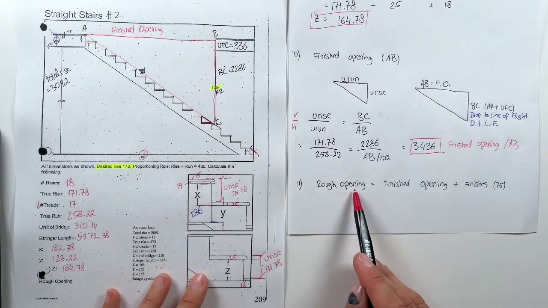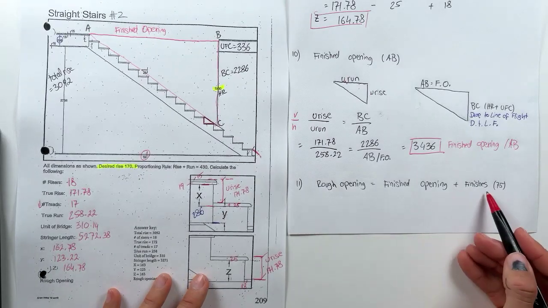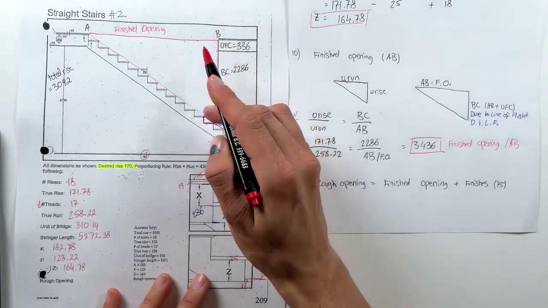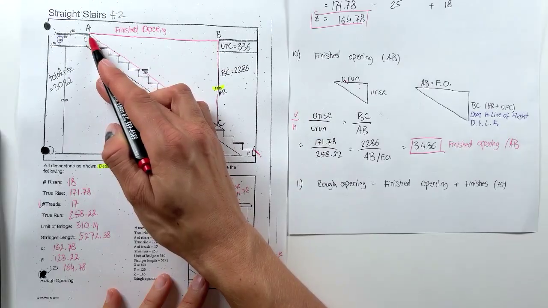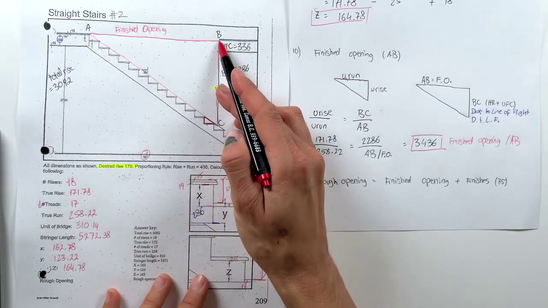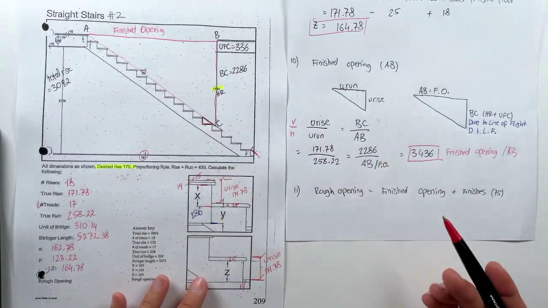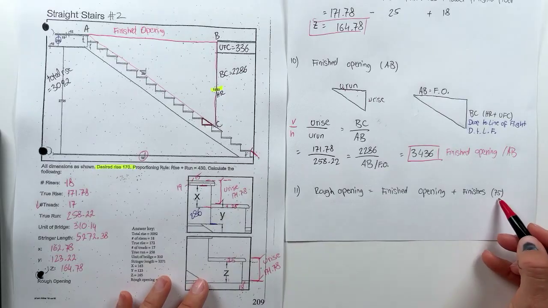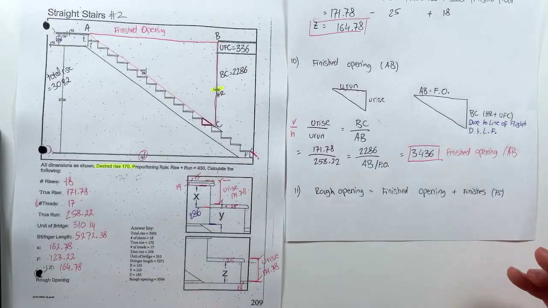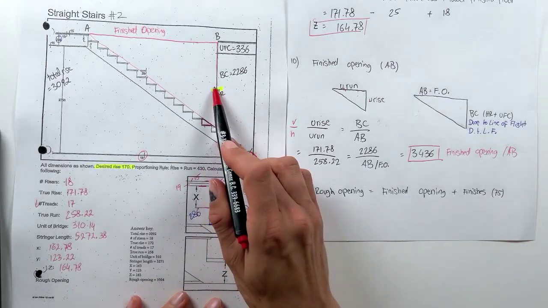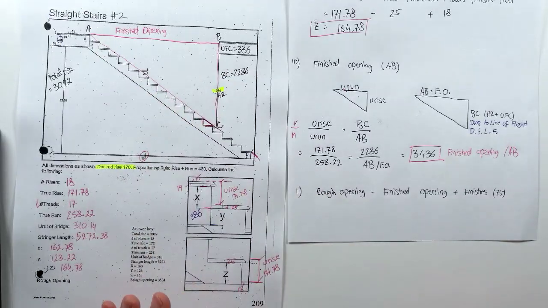So to find our rough opening, the number that we use to frame, we add up our finishes. Sometimes the finishes like headroom or header attachments plus nosing and whatever header attachments over here will be given to you. And then you add those. If they're not given to you, you can assume 75 mils or 3 inches. That should be more than enough to cover all those finishes.